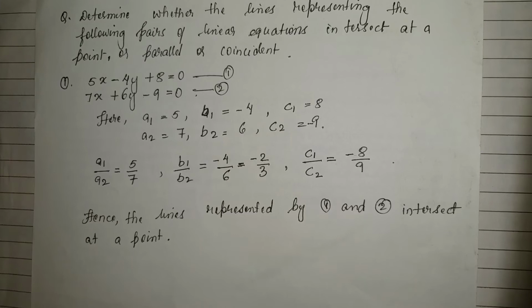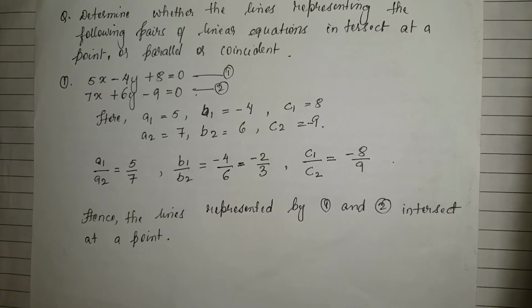Intersect at a point means we are going to get exactly one solution. That is, we are getting a unique solution.